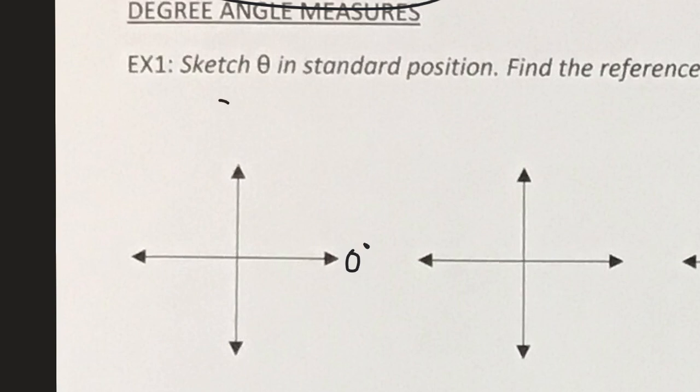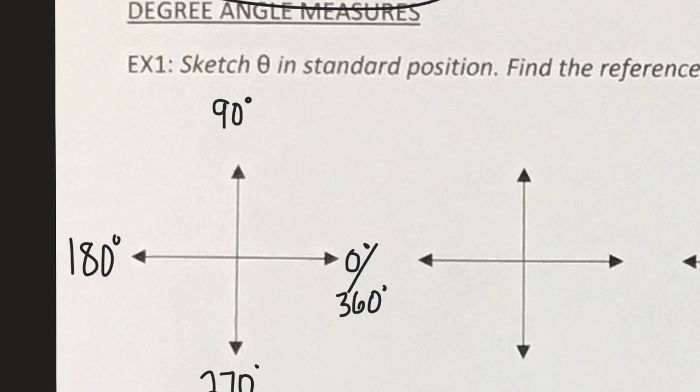That means our positive y-axis is 90 degrees, which means your negative x-axis is 180 degrees. And then down to the negative y-axis, which would be 270, all the way around to our positive x-axis, which would be 360 degrees again.